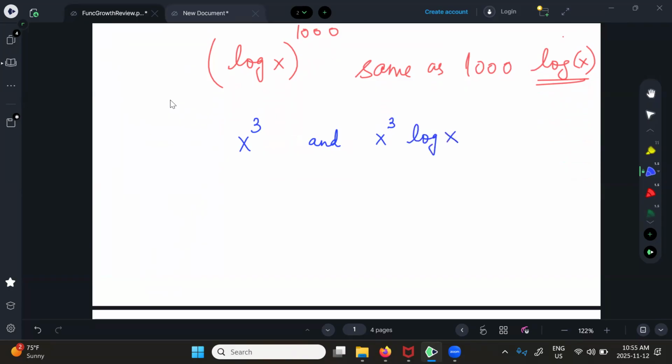You get the point, right? It's just everybody understands this differently. Okay, I have x cube and x cube log x. I'm saying x cube log x is blank x cube. What is the fill in the blank? X cube is blank.